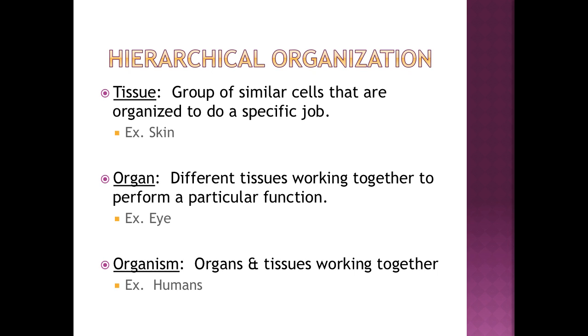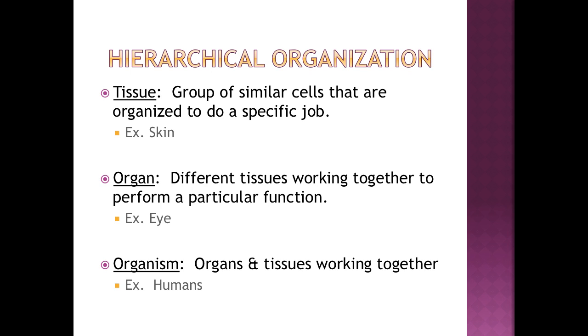Then, if you have a bunch of different tissues working together to perform a particular function, then an organ is created. An example, for the human body, would be an eye, a heart, a liver, a kidney. Then if you have a lot of organs and tissues working together, then an organism is created. An example of an organism would be humans, animals, plants. All of those would be considered organisms.